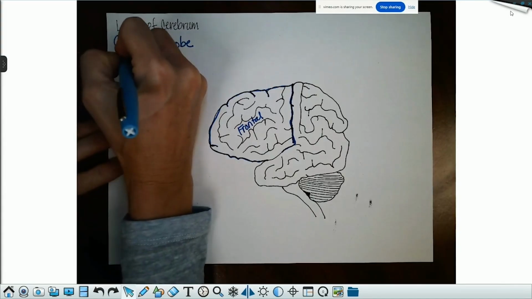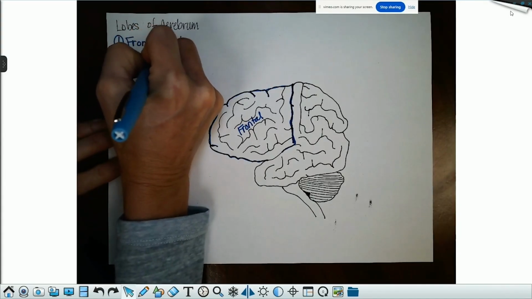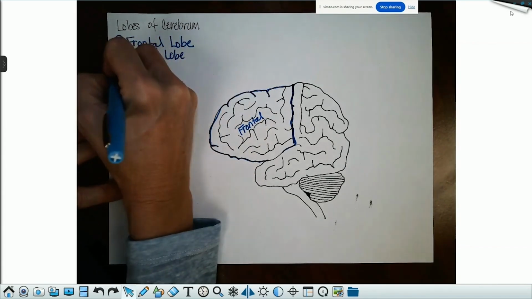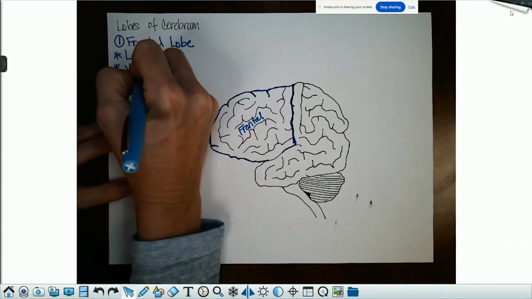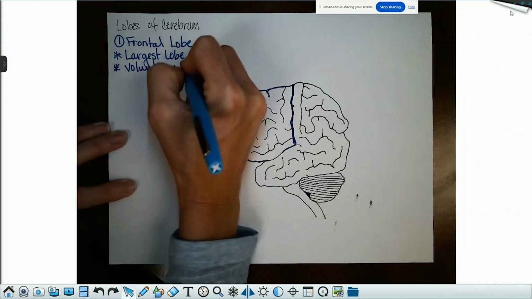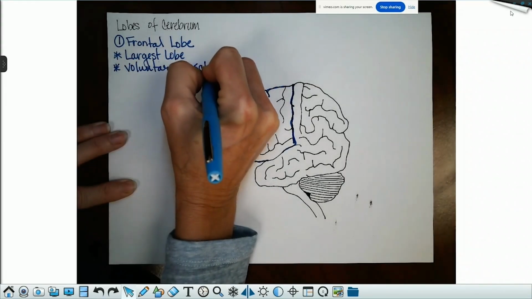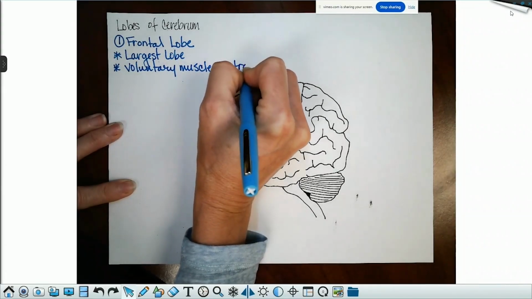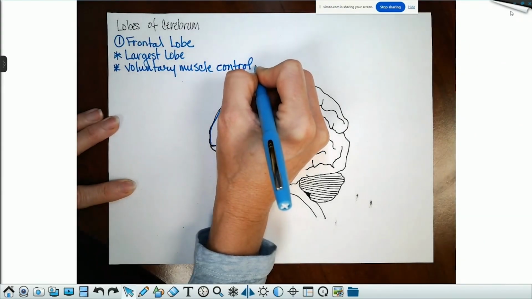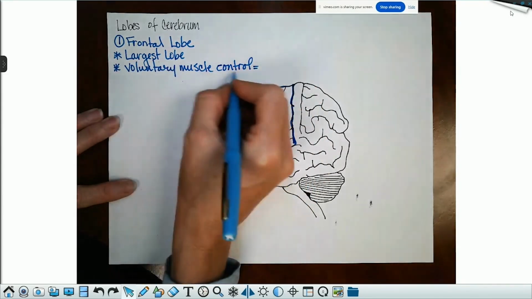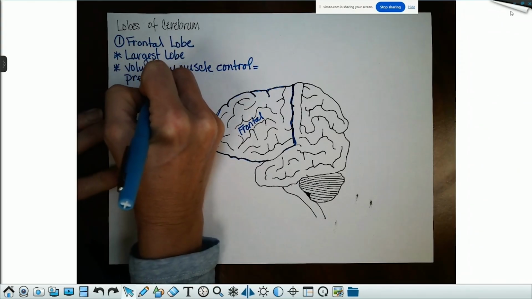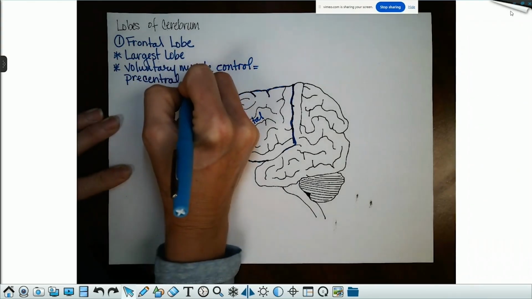So this is the largest lobe of the cerebrum, and it is involved in voluntary muscle control. So your skeletal muscles, the vast majority of them are under your voluntary control, and this happens at a specific location in this frontal lobe called the precentral gyrus.